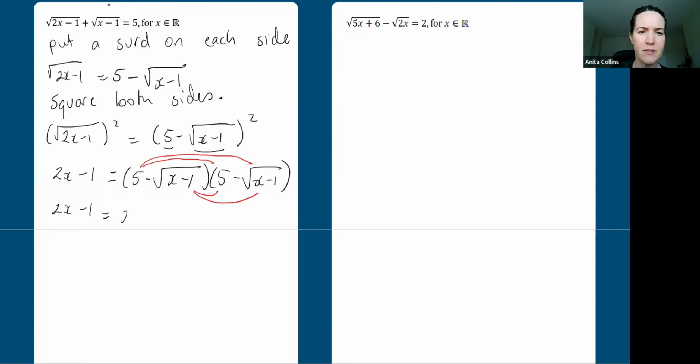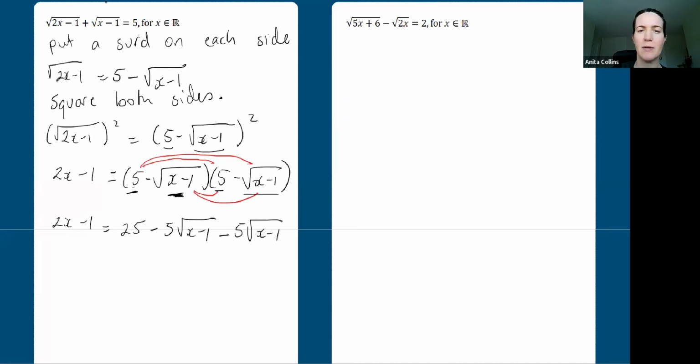So 5 fives is 25. 5 times negative root x minus 1 is going to be minus 5 root x minus 1. Negative root x minus 1 times positive 5 is again going to be negative 5 root x minus 1. And then the last one is negative root x minus 1 times negative root x minus 1. Negative times negative is positive, and root x minus 1 times root x minus 1 is root x minus 1 squared.